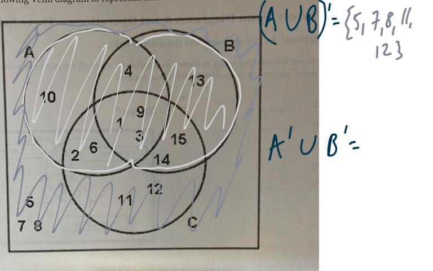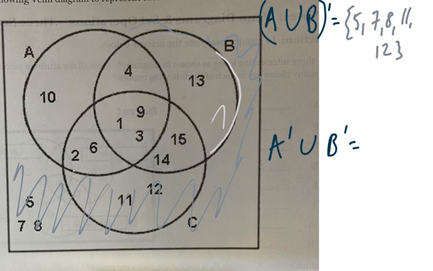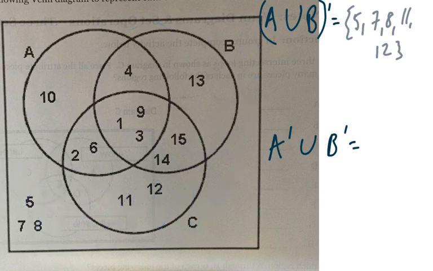Hopefully your mind is kind of thinking, wait, what? We'll take a look and see what's happening in just a second. So let's look at the union of the complements. The first one that we just did, I would call the complement of the union.